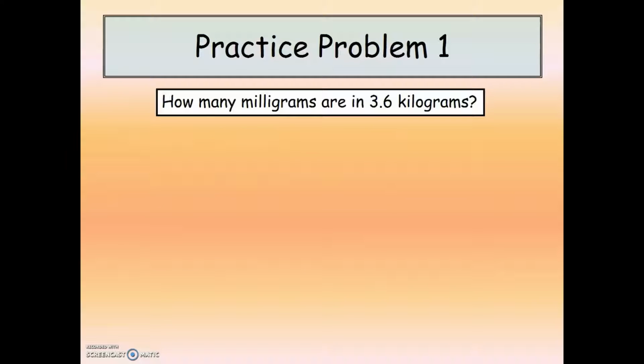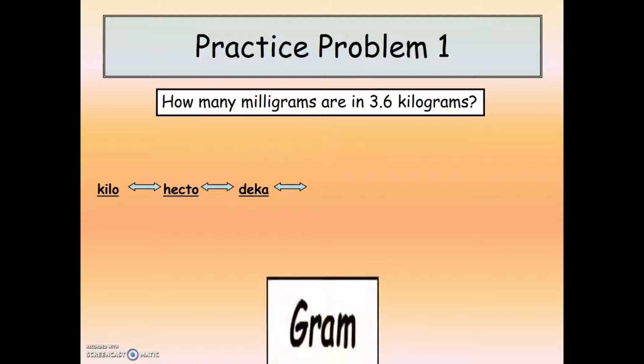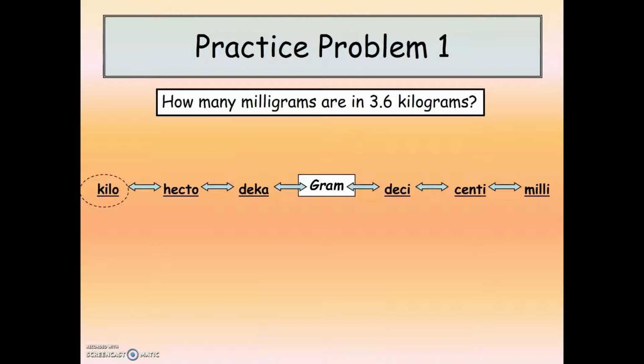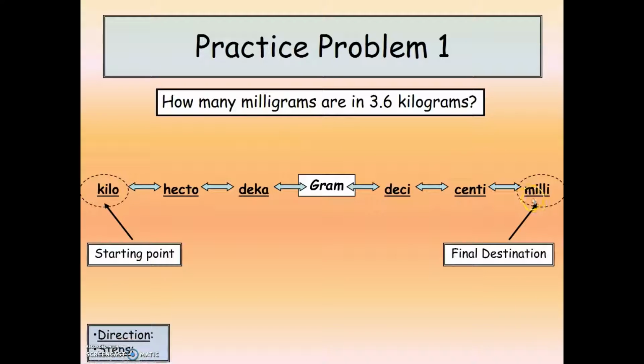How many milligrams are in 3.6 kilograms? Well, first we have to know where we're starting, and we're starting in the kilograms. So we have 3.6 kilograms, and now we need to find our end point, milli. So then we need to count how many hops, and there are 6 hops. 1, 2, 3, 4, 5, 6.